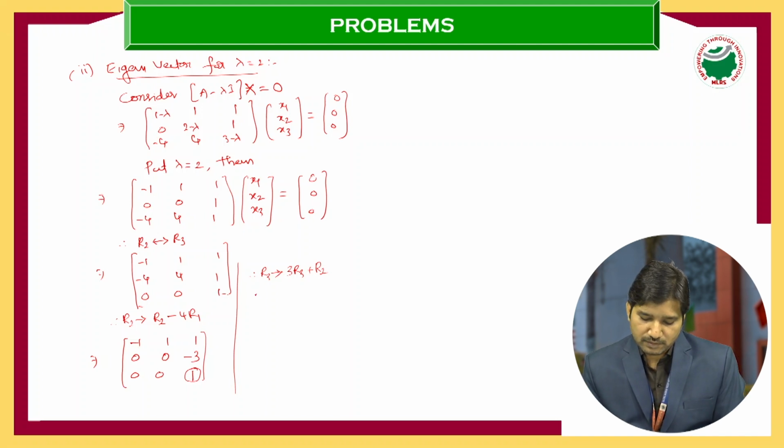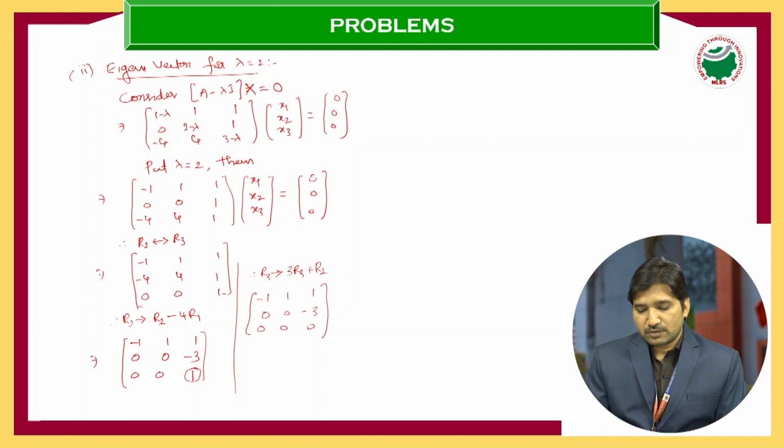So we get minus 1, 1, 1; 0, 0, minus 3; 0, 0, 0. The rank is 2, and the number of variables is 3.